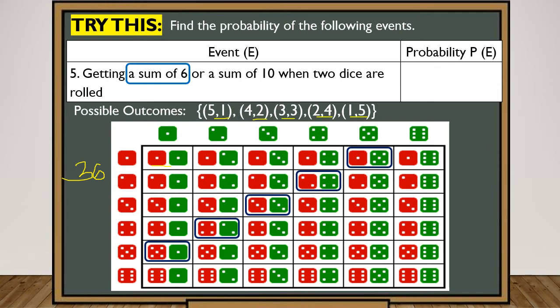So we have 5 outcomes with a sum of 6. So what is the probability of getting a sum of 6? That is 5 out of 36 possible outcomes. So this is just the sum of 6.